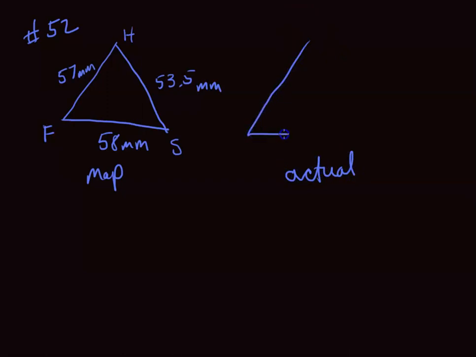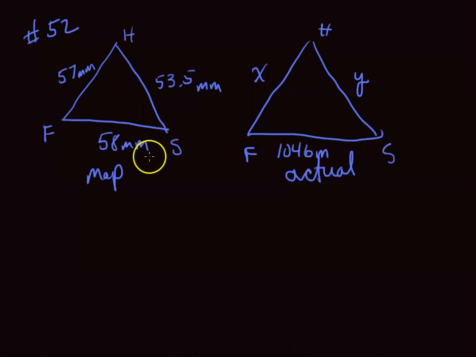This Bermuda Triangle, Fort Lauderdale to Hamilton, Bermuda, to San Juan, Puerto Rico. We don't know what these are. Let's call this X and this Y, but we do know it's 1,046 miles from Fort Lauderdale to San Juan.